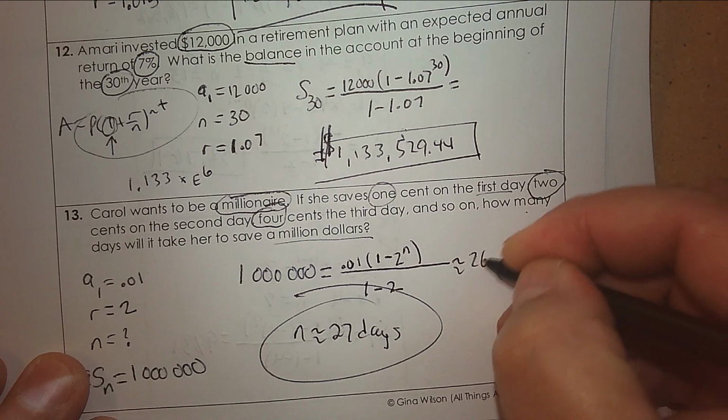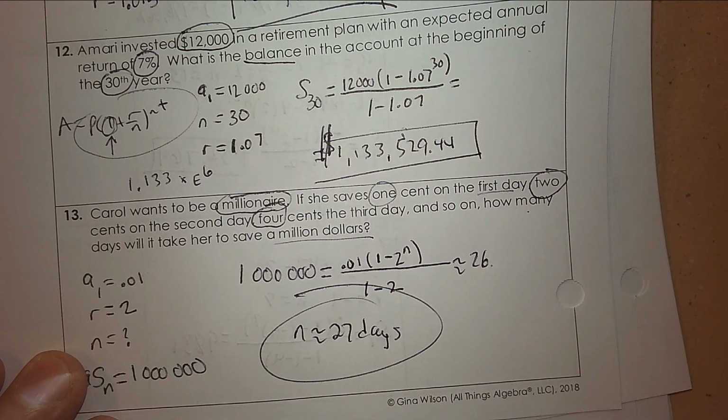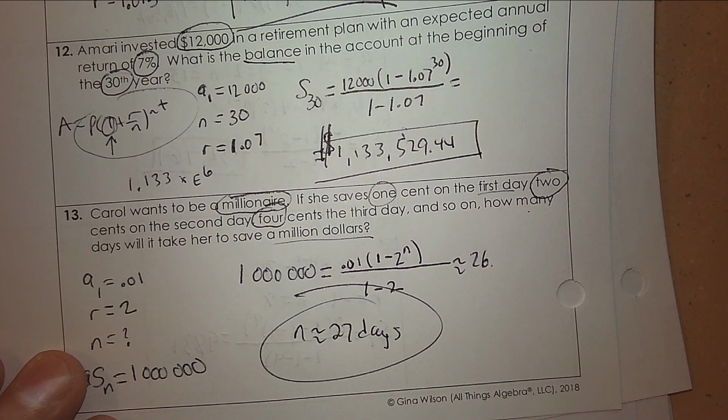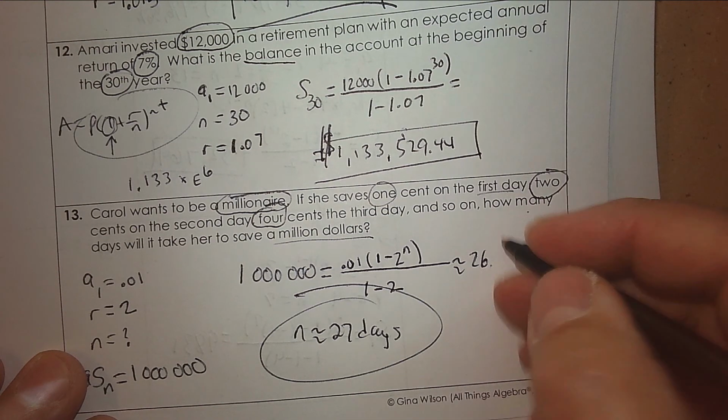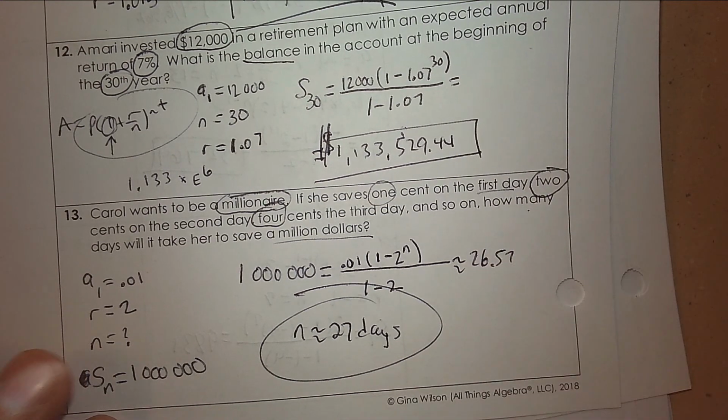So you get an answer of 26 point. Did you expect it to be that many days? Right, isn't that crazy? You start with a penny.